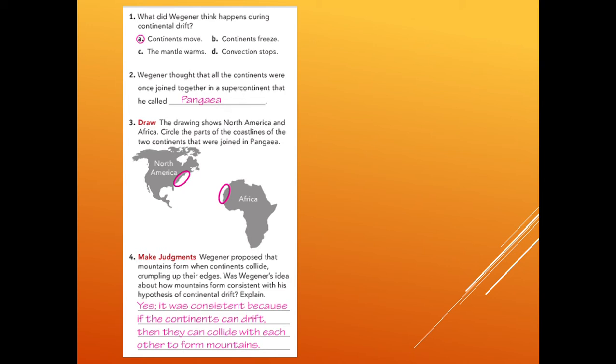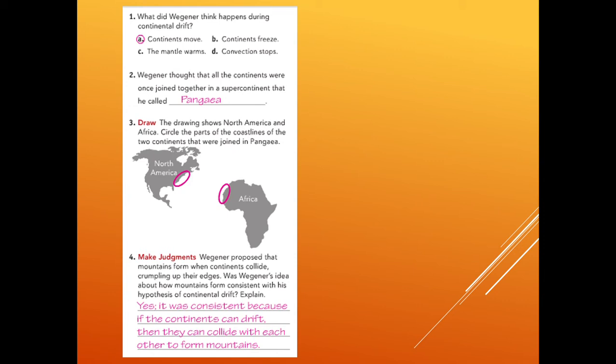Number 3, draw. The drawing shows North America and Africa. Circle the parts of the coastlines of the two continents that were joined in Pangaea. Well, it is already signaled in there, and you can notice that there is a circle in North America and one circle in Africa. So, one more time, in Wegener's theory, all of the continents were together.